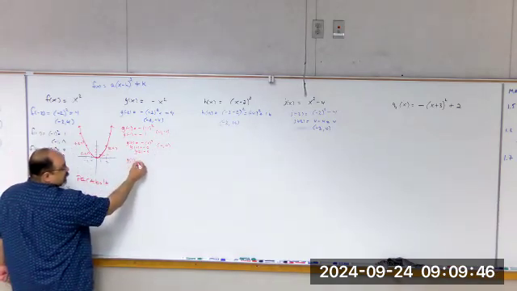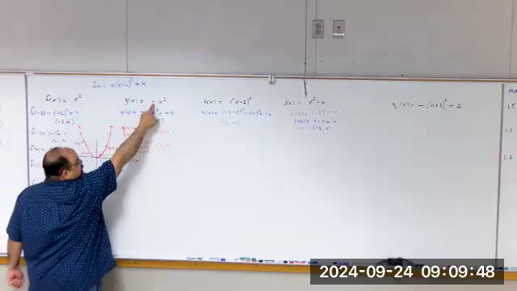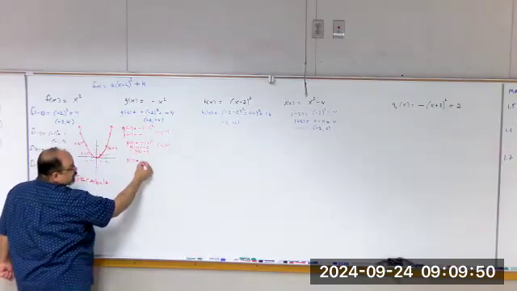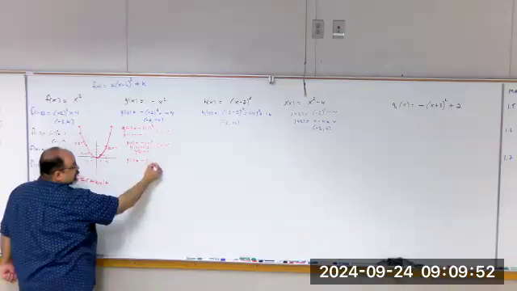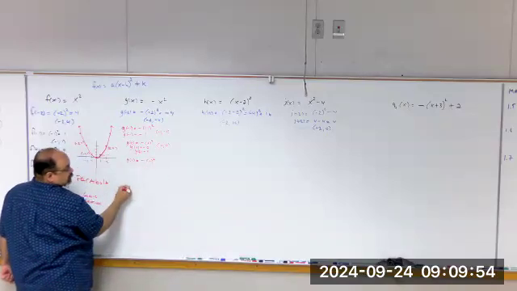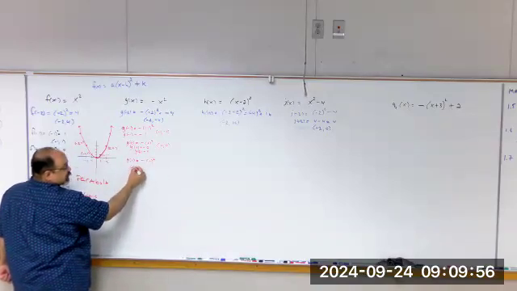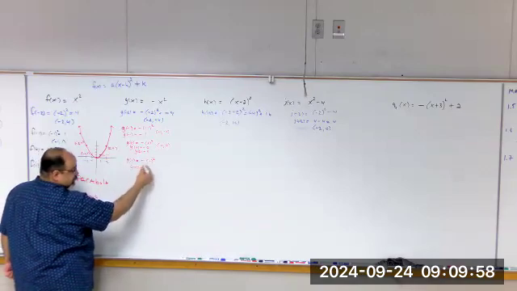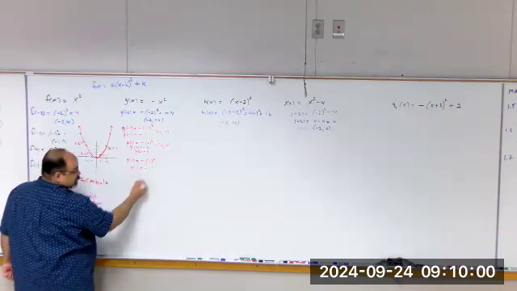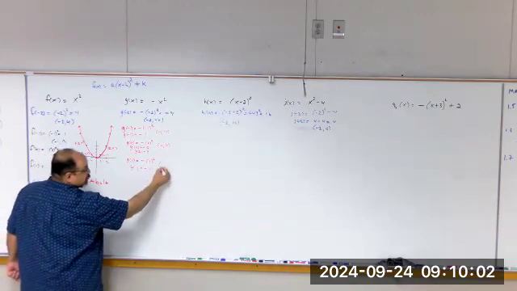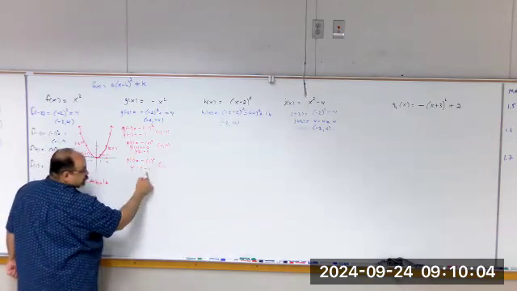G of +1, this negative is still in front, so there's a negative, and then I square the +1. So g of +1 is negative 1 squared, which is 1. So when you plug in +1, you get -1.